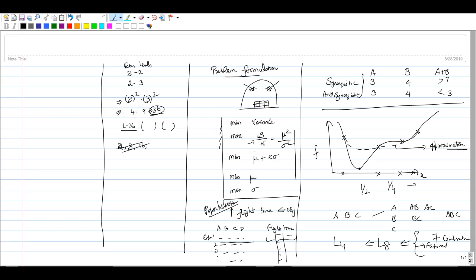The other one is, please explain the types of factors. You mean the different types of factors. So one thing that we talked about is the continuous factor.